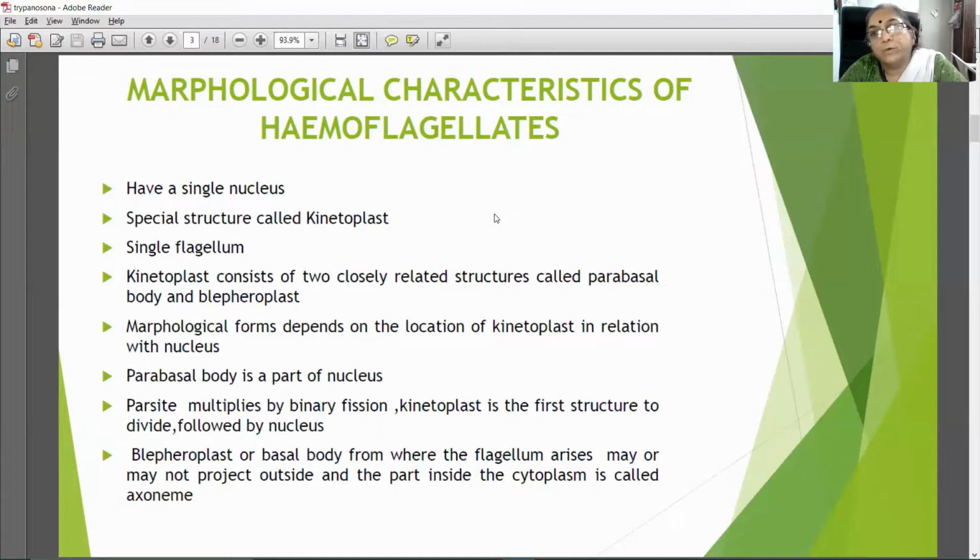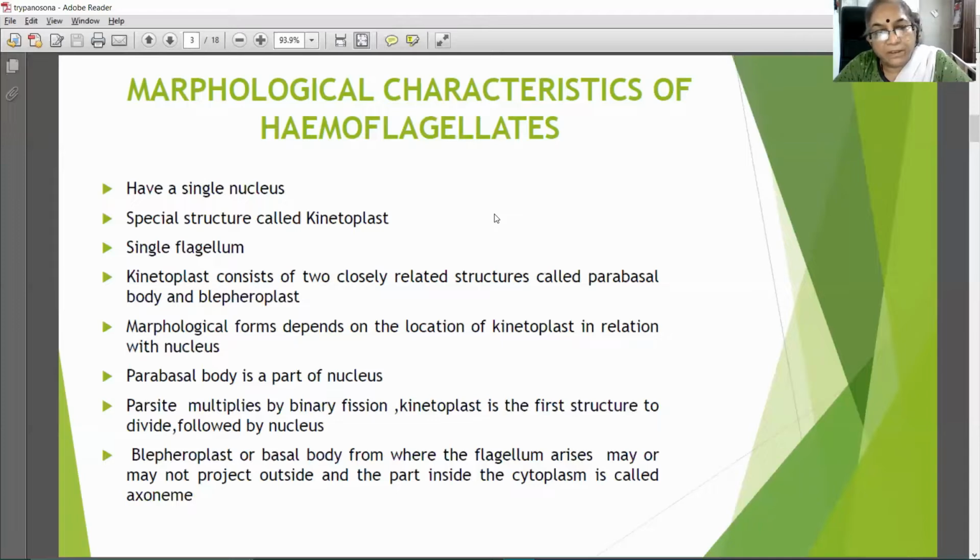After the kinetoplast divides into two, the nucleus divides into two, the cytoplasm forms around the kinetoplast and the nucleus, and then the whole cell divides into two daughter cells.